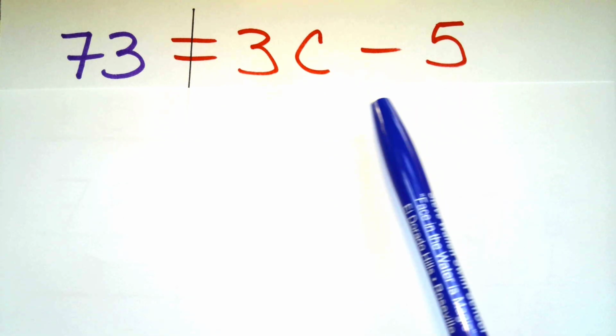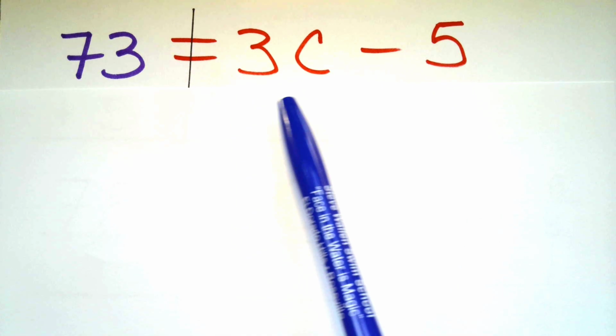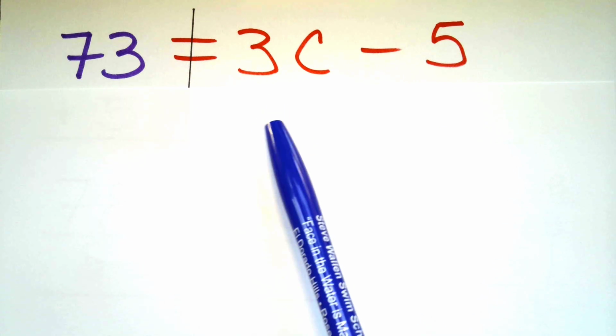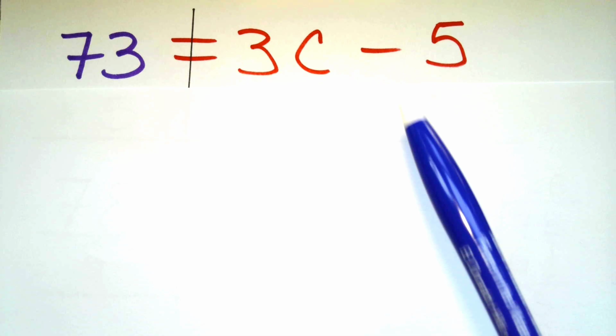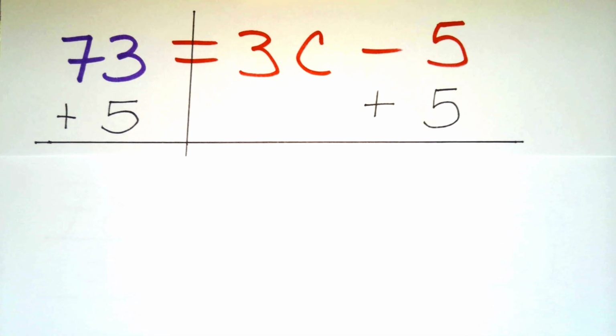And then the next step is I want to free the C up from the 3 by doing the inverse of multiplying, which would be division.